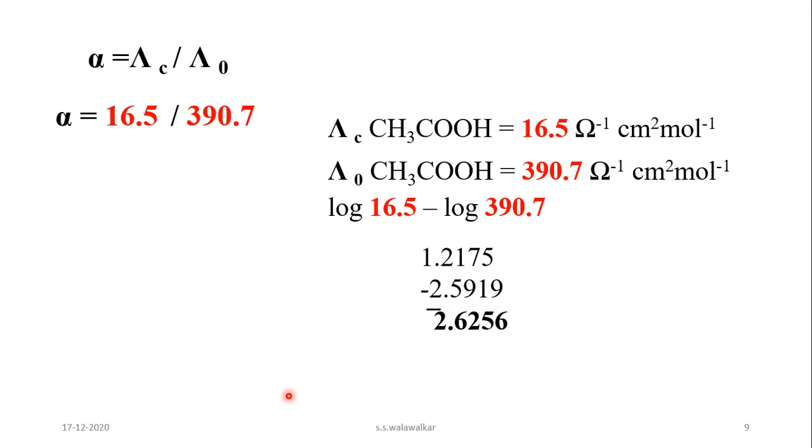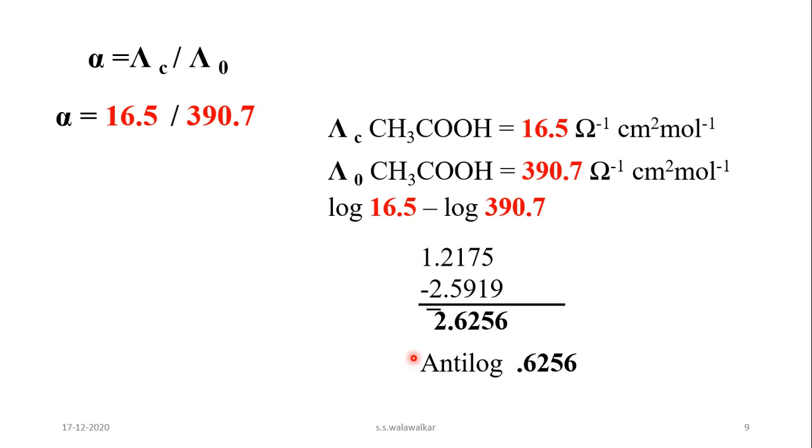Log of 16.5 is 1.2175 and log of 390.7 is 2.5979. So this is equal to bar 2.6256. The subtraction gives 6256, and the characteristic is bar 2.